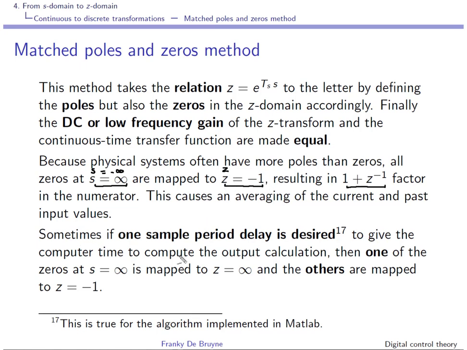Very often, and this is the approach that is followed in Matlab, if there are several zeros at infinity, all the zeros will be mapped to a zero at minus 1, except one that will be mapped to a zero at infinity. In such a way, we'll have a delay of at least 1 in the system.